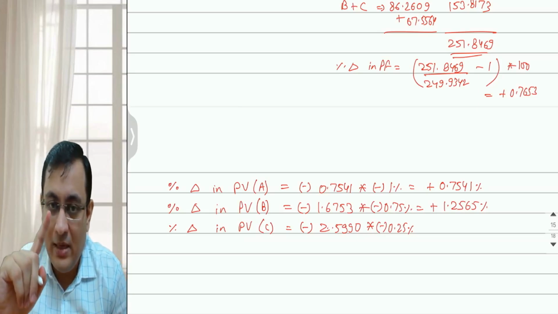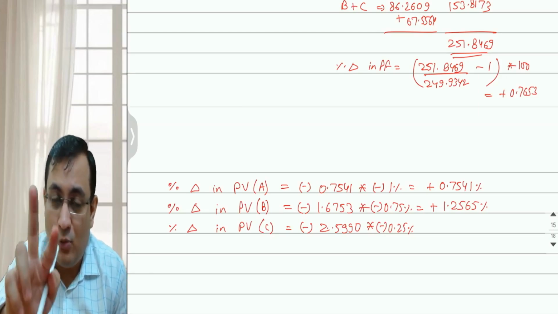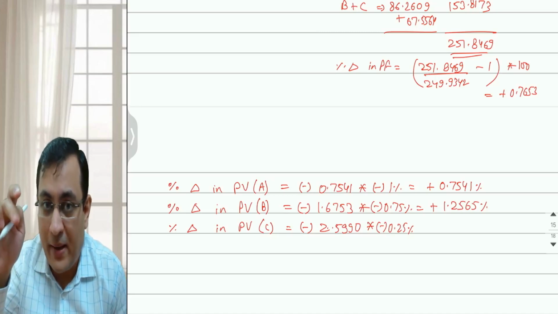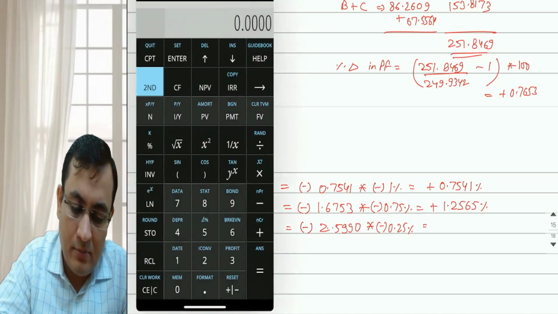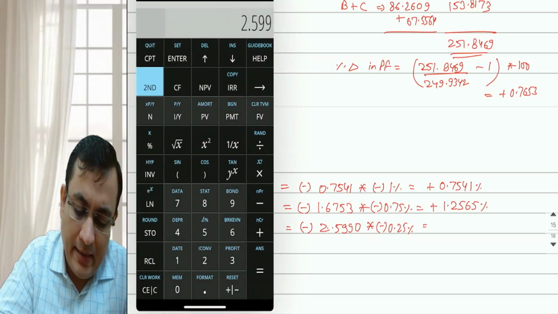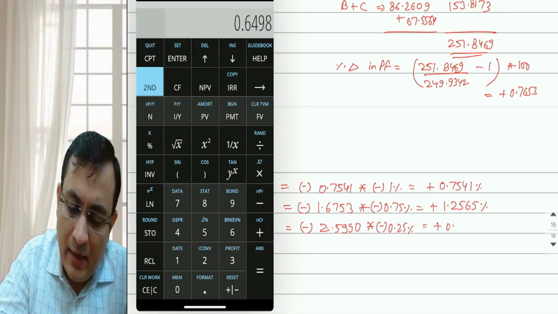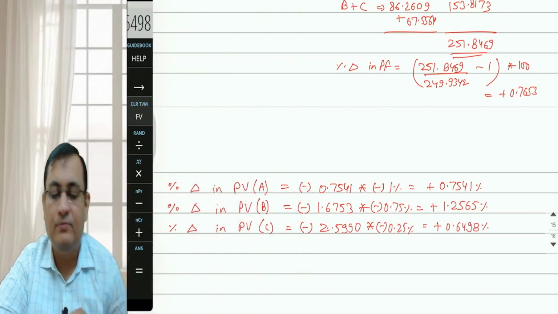Now the curve is not shifting in a parallel fashion, so we have to consider both duration as well as the change in the yield of that respective time. So what will be the impact on the bond value? 2.5990 multiplied by 0.25. So in this case, bond portfolio value will increase by 0.6498% only.